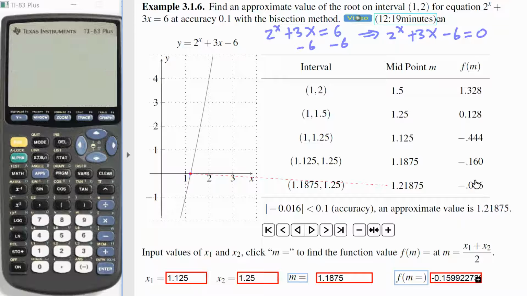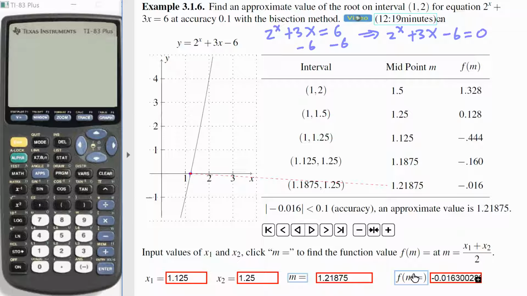Okay, so right down here, then you may input the left boundary 1.1875. What you may also input directly here is what? Like here will be 1.21875.